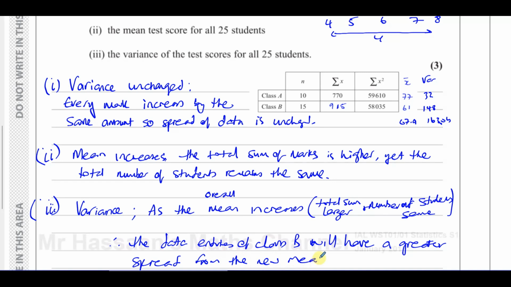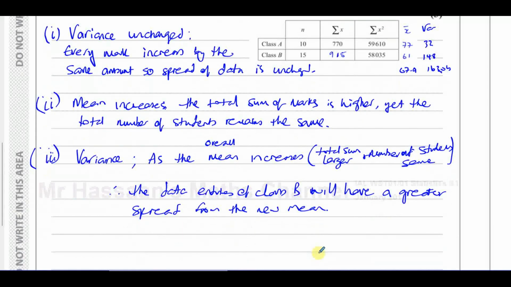Which means, therefore, that the variance increases. Because if the mean goes up, some data entries will remain the same, and some data entries will increase as well. But especially the ones that remain the same, there will be a marked difference between how far they are away from the old mean to the new mean.